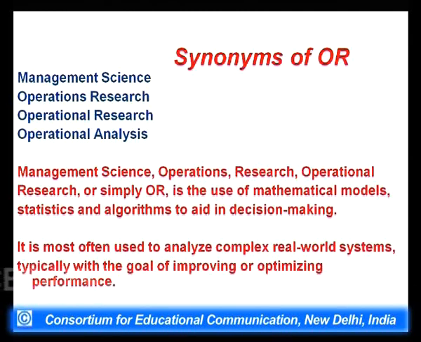All these terms mean one and the same thing. Management science, operations research, operational research, or simply OR is the use of mathematical models, statistics and algorithms to aid in the decision-making process to reach the best possible solution to our problem.